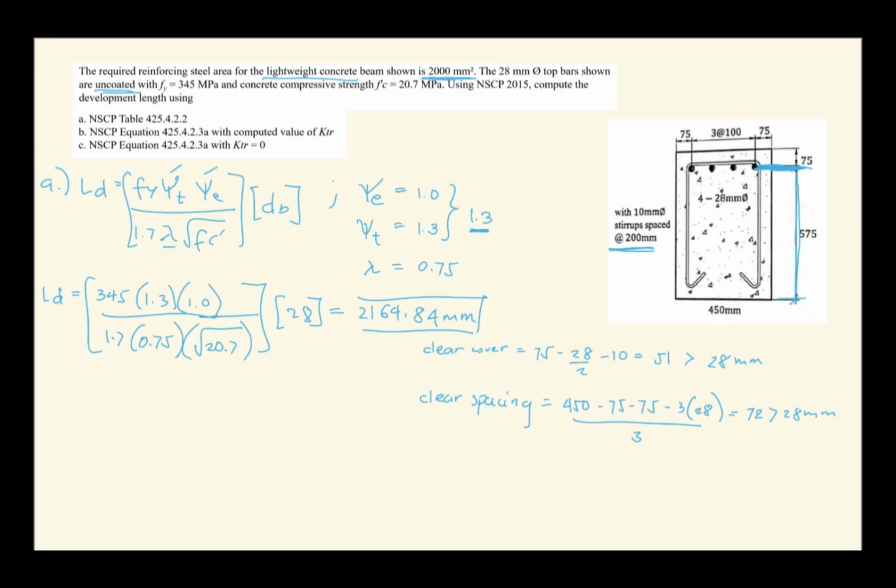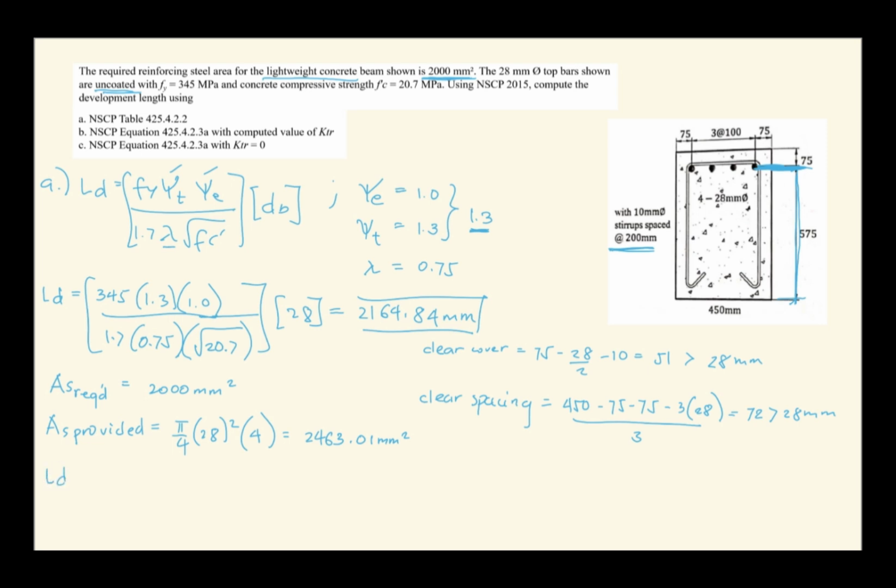So AS required is 2000 mm squared, and that provided is pi over 4, 28 squared, there are 4 of these. This is equal to 2463.01 mm squared.